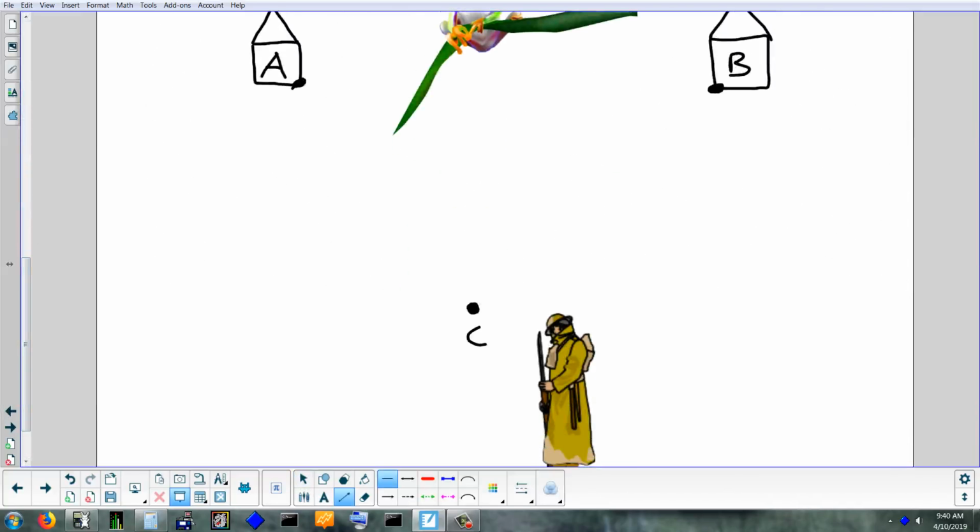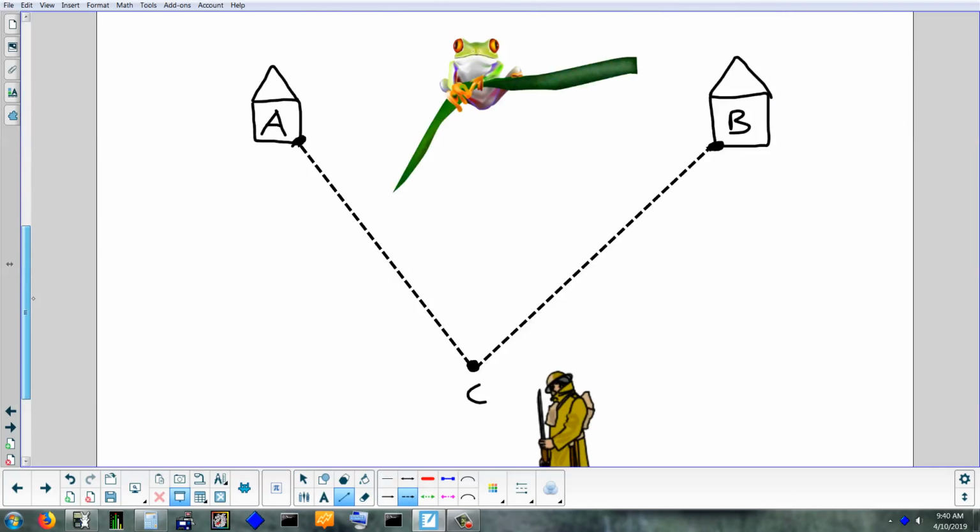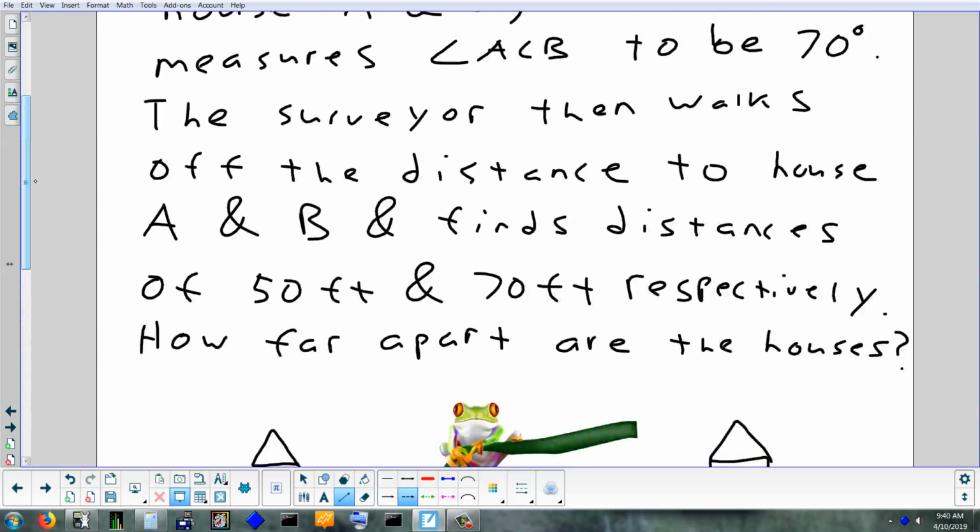So the surveyor knows the distance from where they're standing to that house and to that house. What are those distances? It says the surveyor knows the distance to houses A and B. A is 50, B is 70. That's what respectively means in that order.